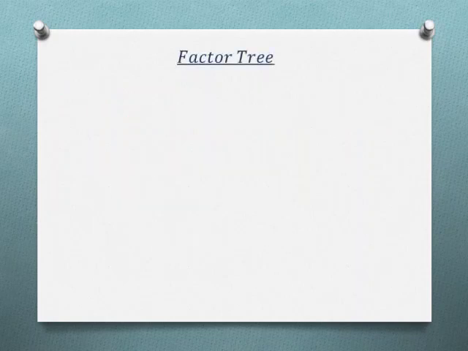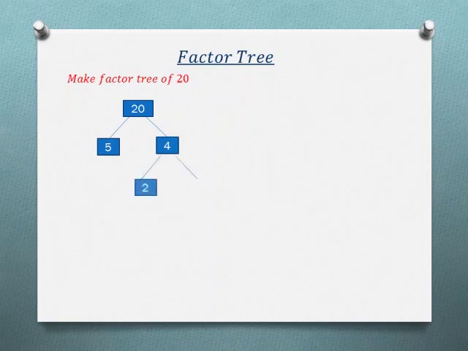Next we are going to see the factor tree. Make a factor tree of 20. We can write 4 5s are 20, so that only we write here. 5 4s are 20, and again we can write 2 2s are 4. So this is known as a factor tree.